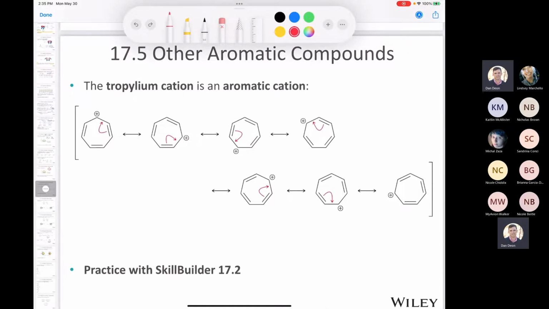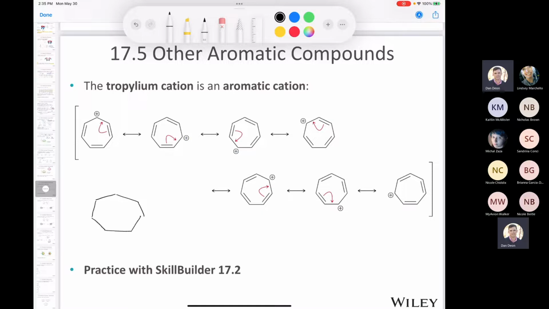And the tropylium cation has 7 resonance structures, all of which are shown here. And based on the Frost circle and the requirements for a closed shell electron configuration, we've shown that the tropylium cation is an aromatic compound. Now, sometimes if you Google the tropylium cation, you'll see it drawn like this. Don't do it.